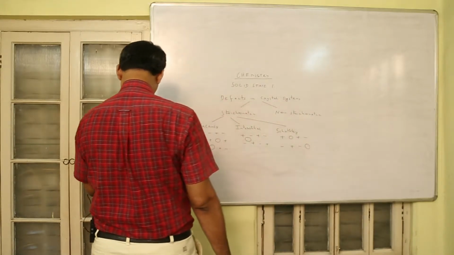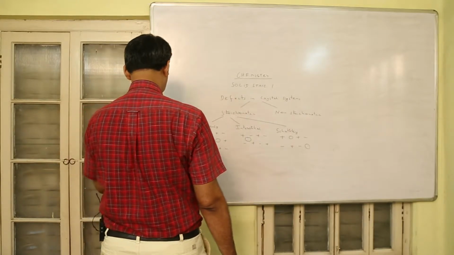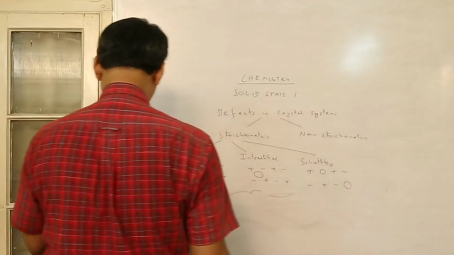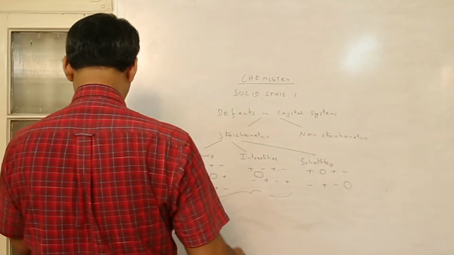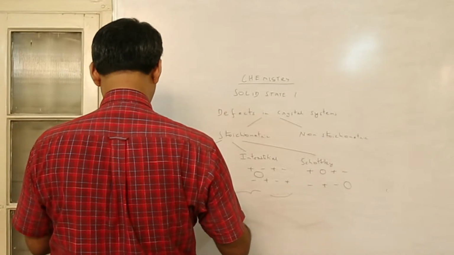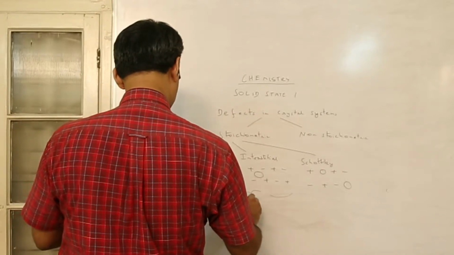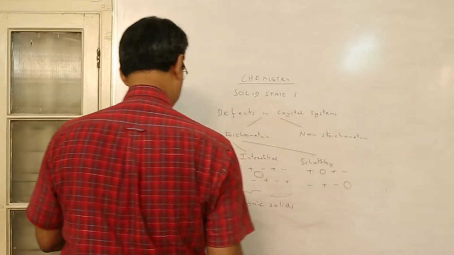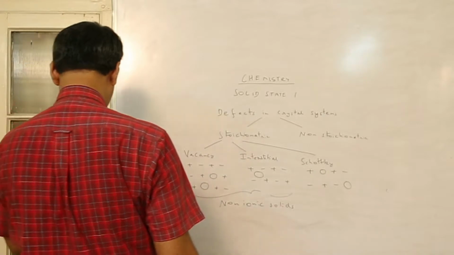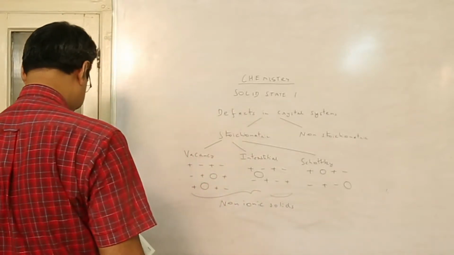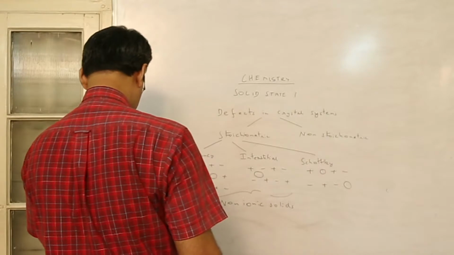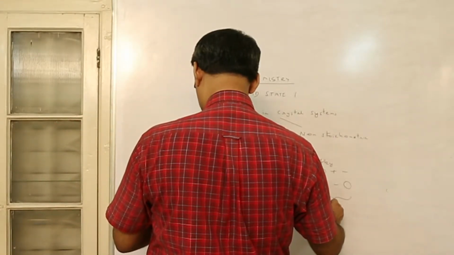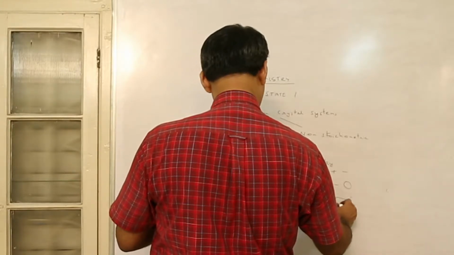Now the thing is that vacancy and interstitial defects are usually found in case of non-ionic solids. So these two are mainly found in case of non-ionic solids, and Schottky defect is usually found in case of ionic solids.